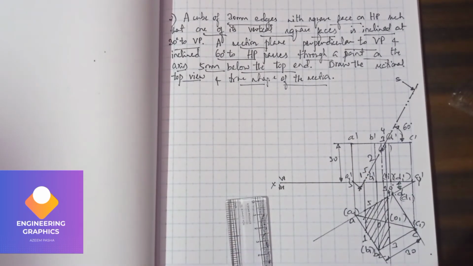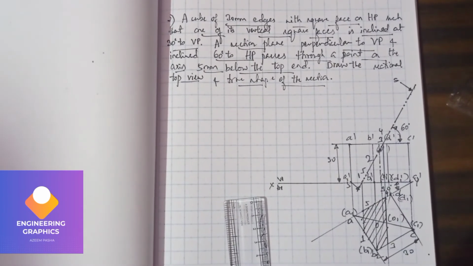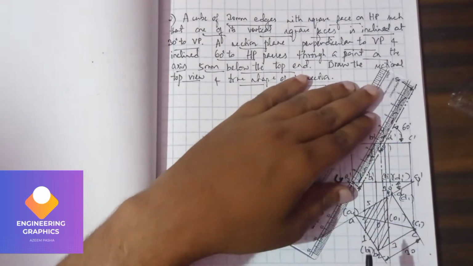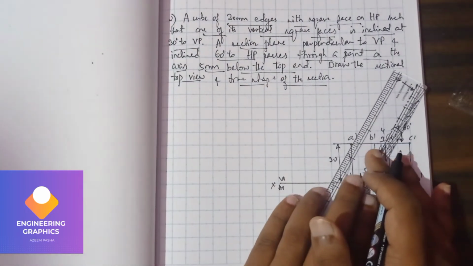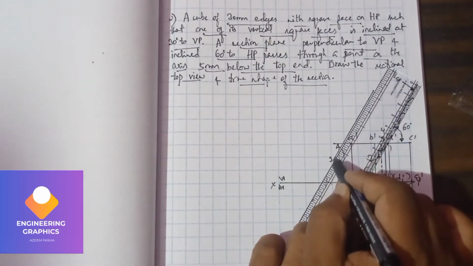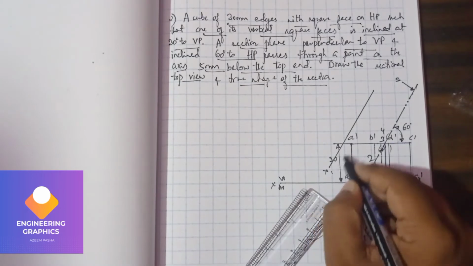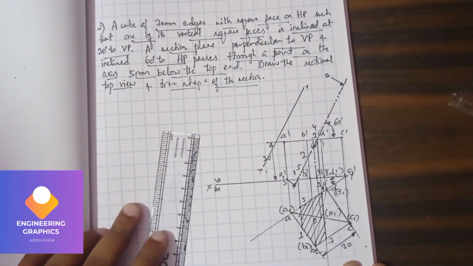Now perpendicular to this we should draw a line here, that is x1 and y1, and we have to measure these distances.